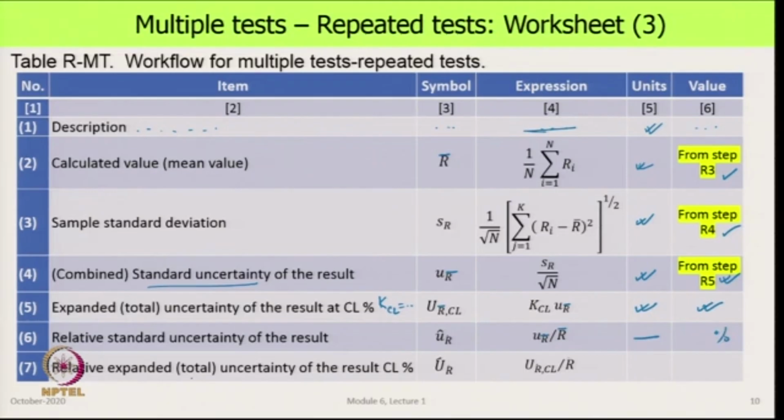And finally, the relative expanded uncertainty or the total uncertainty or just the uncertainty of the result at certain confidence level. This is u hat, this is equal to u r bar times K C L divided by r bar, no units, again this is a percentage. So, this completes our analysis of multiple test repeated tests.